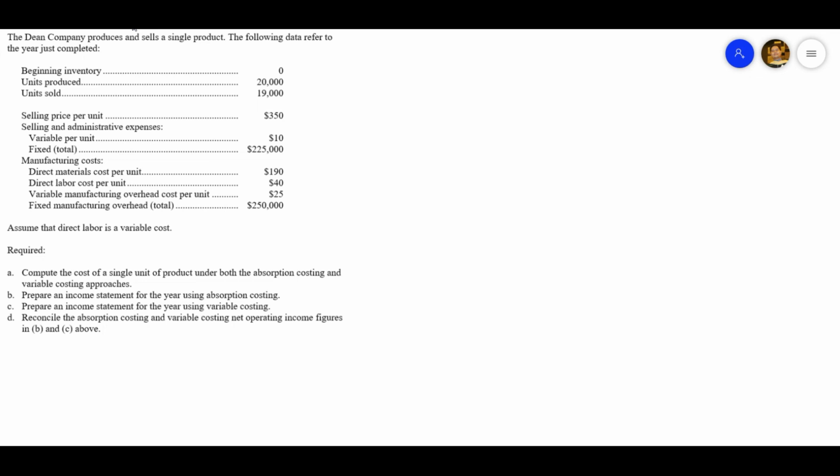Letter A, compute the cost of a single unit of product under both the absorption costing and variable costing approaches. Letter B, prepare an income statement for the year using absorption costing. Letter C, prepare an income statement for the year using variable costing. Letter D, reconcile the absorption costing and variable costing net operating income figures in B and C above.